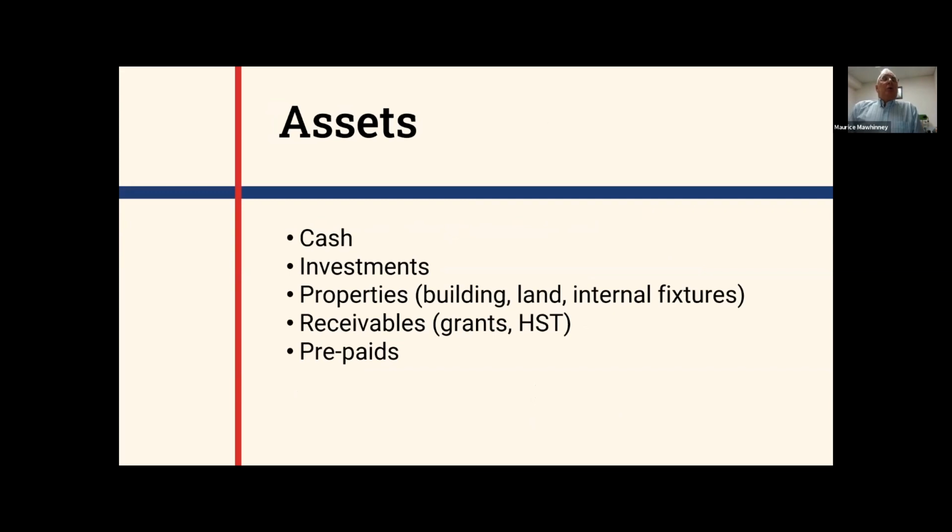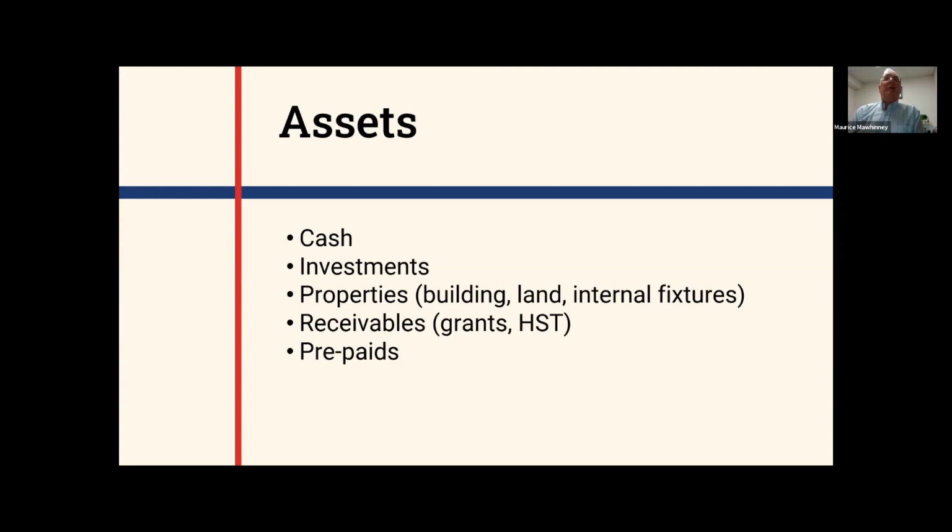We go down to a balance sheet within the congregation. You'll obviously have your cash, and hopefully not bank overdrafts. You'll have your investments. You'll have your property, your land, your building, your internal fixtures, like organs and pews, and whatever other things you have put into the building.